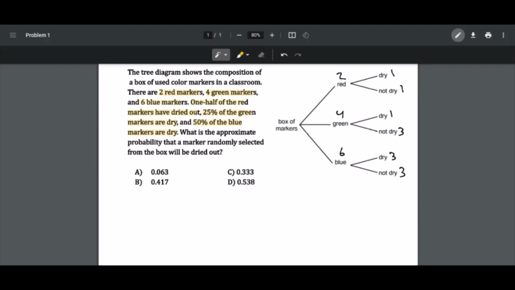So they're asking us the probability that a marker randomly selected from the box will be dried out. So let's write it here.